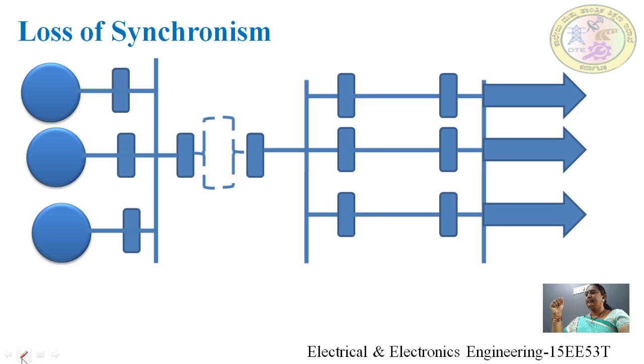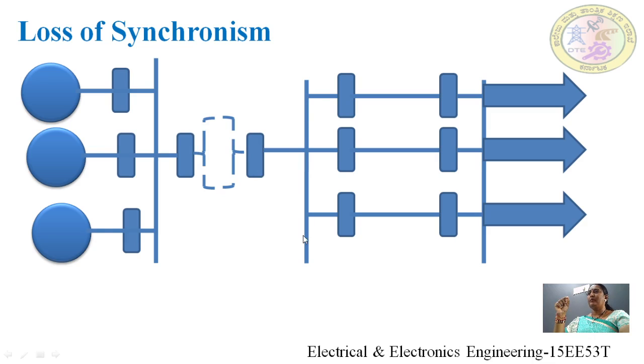Next, loss of synchronism. Here consider this is a generator. There are three generator circuit breakers. This is a generator bus bar, and this is a transformer circuit breaker, which is on the low voltage side. This is a transformer, and this is a circuit breaker on the high voltage side.